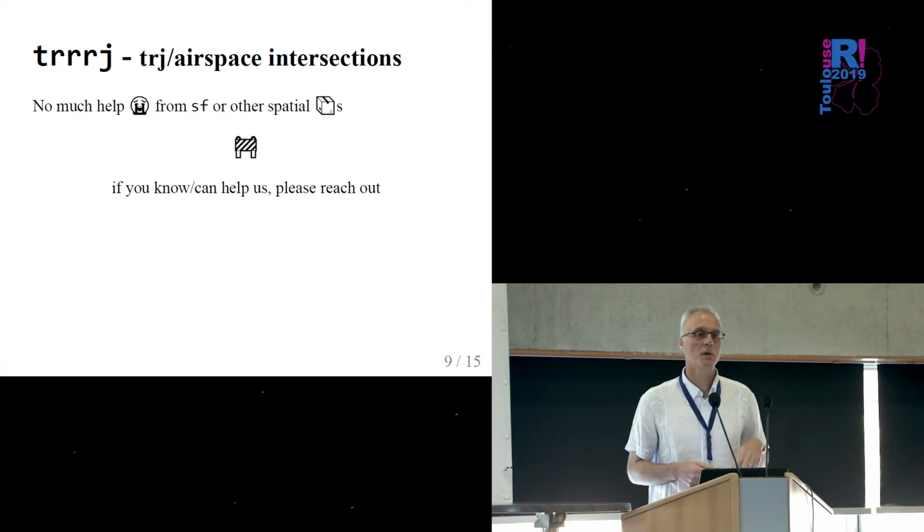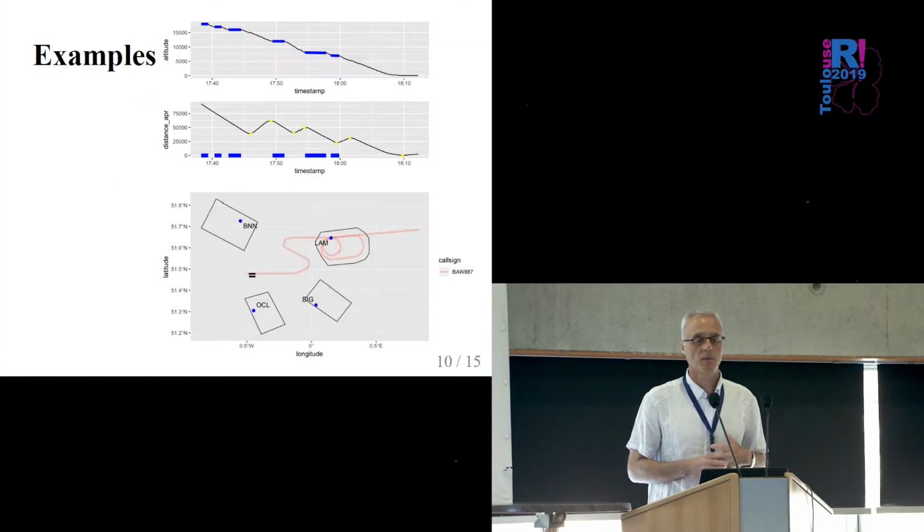And if you have loops like holding patterns above airports, like in Heathrow, like in this picture, when we have to analyze holdings in the holding areas, SF doesn't work.